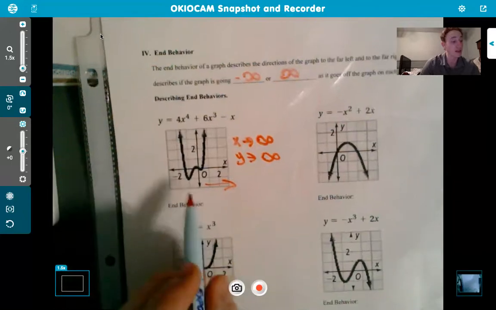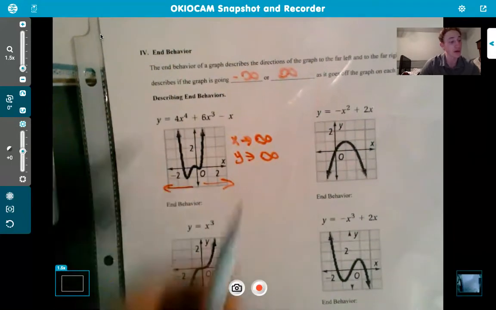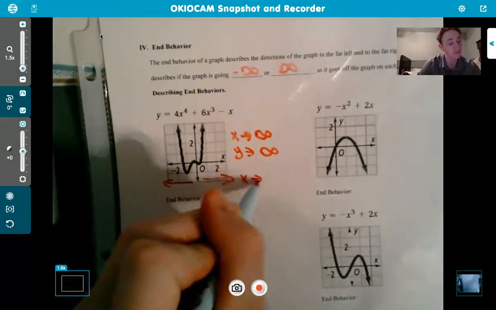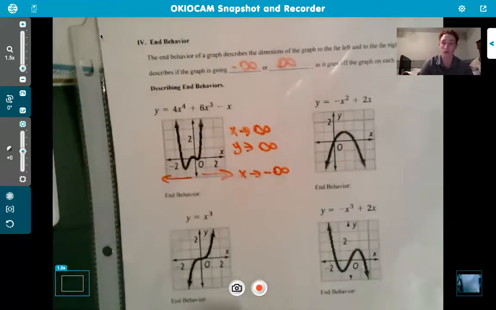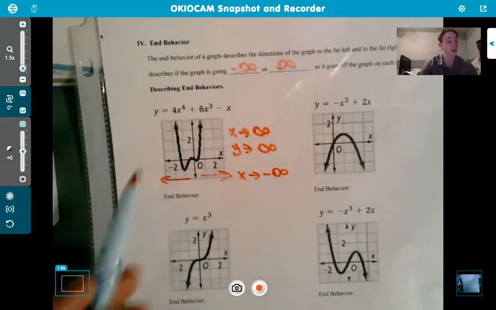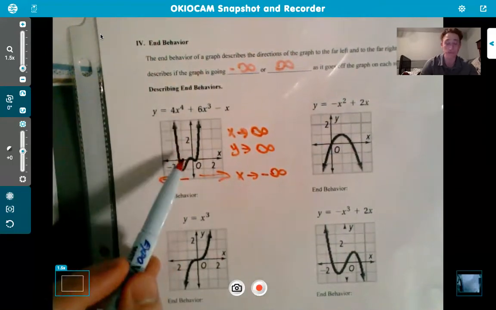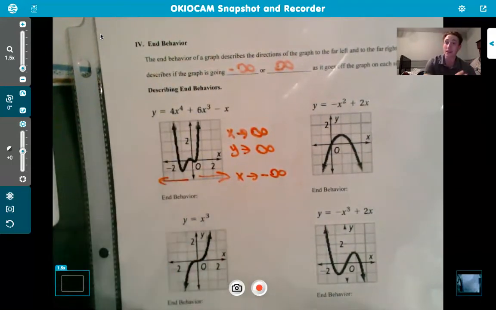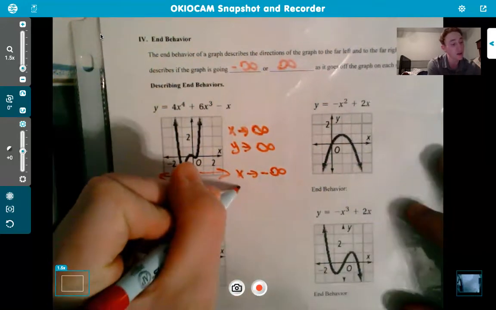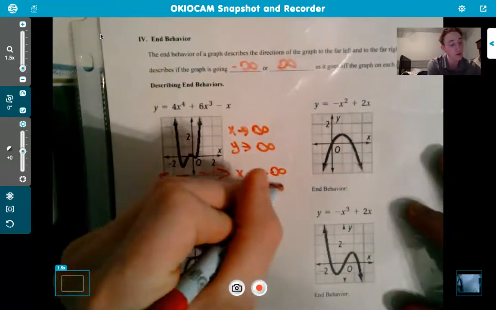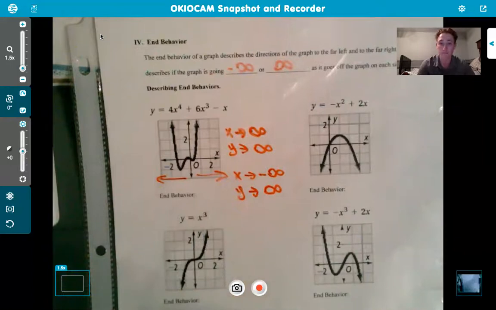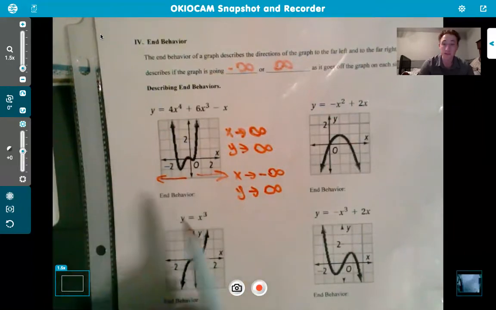If we look at x going to negative infinity, so x in this direction, where's my graph going? Even if I go this direction, my graph is still going up, so all my y values are continuing to increase in that direction. So my y is still going to positive infinity, and that's my end behavior.